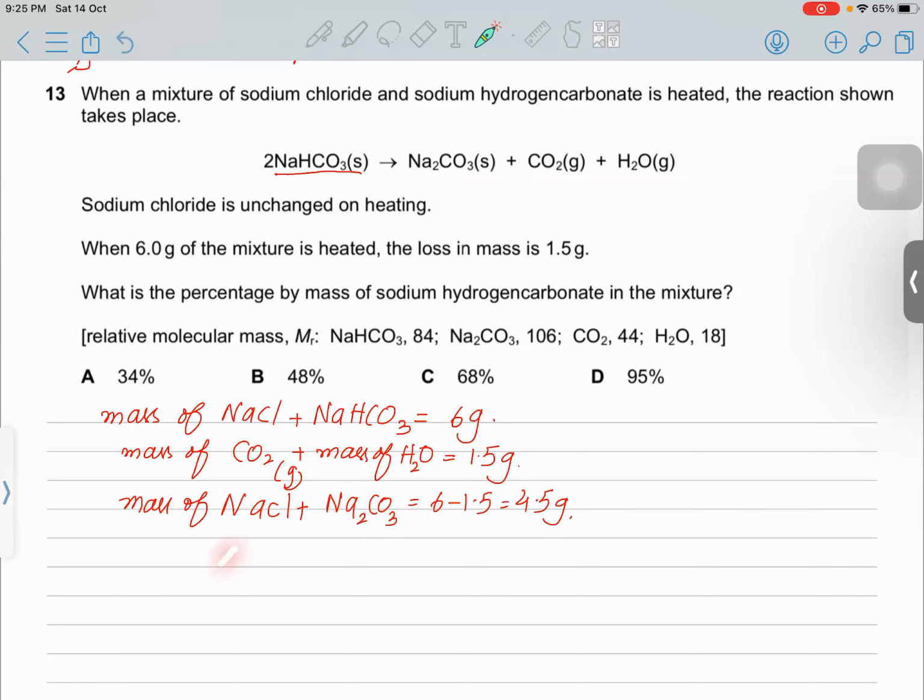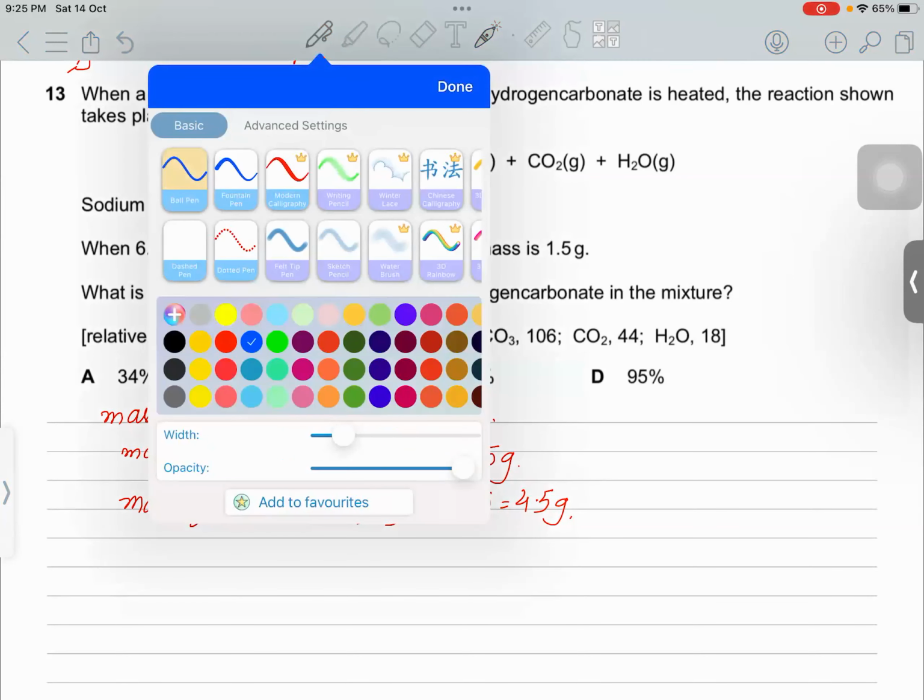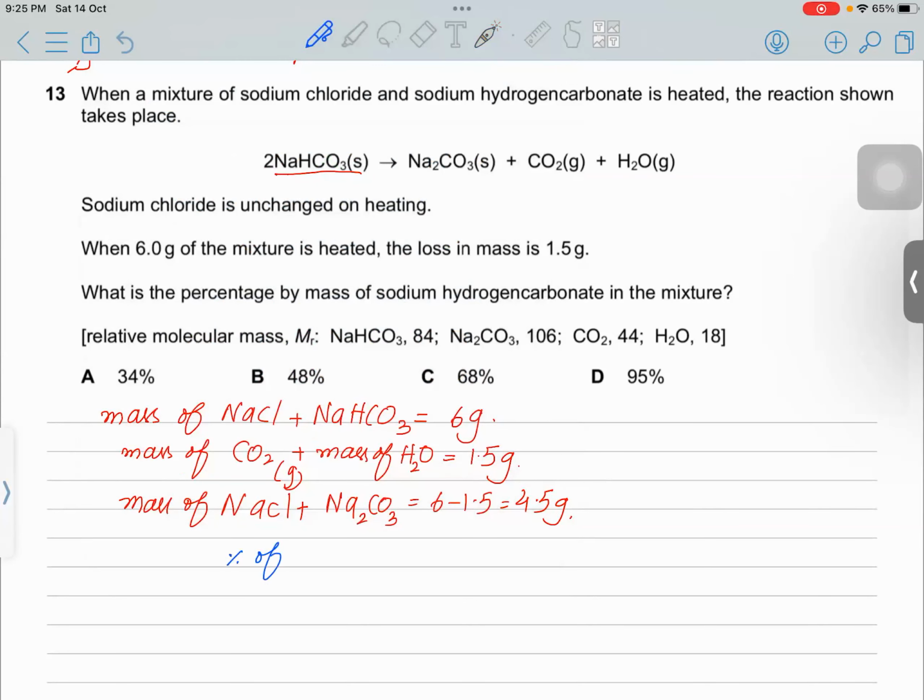So the formula of percentage of sodium hydrogen carbonate is equal to mass of sodium hydrogen carbonate divided by total mass, multiplied by 100.